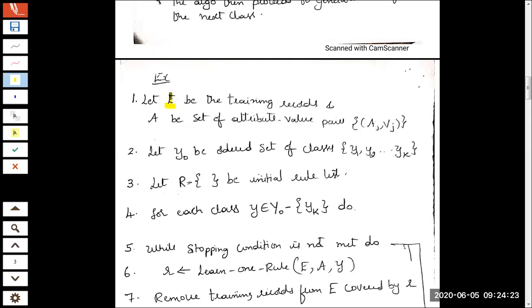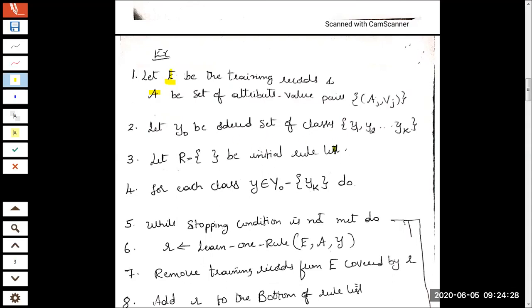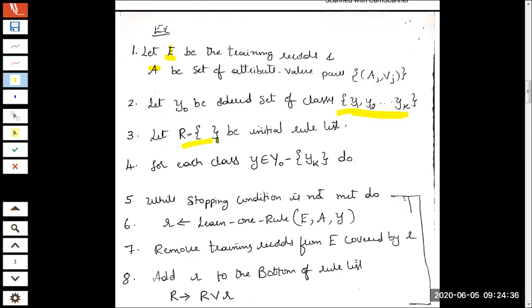E is training records, A is attribute, and y is the collection of classes to which the records should be classified. We initialized the rule list to empty, something like initializing a variable, like int a equal to 0. You're initializing the rule list to be empty, meaning that you have not yet constructed any rules.